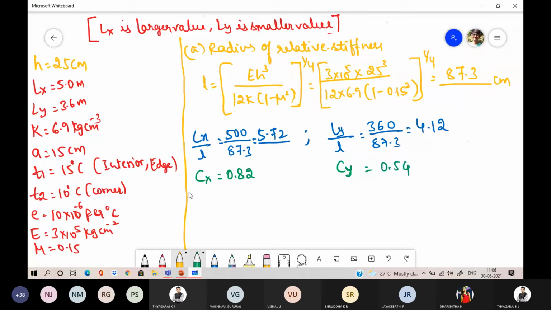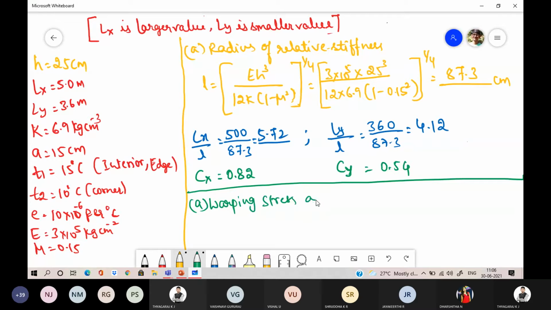Now the problem starts here. First one, warping stress at interior. The formula is sigma_TI equal to E e t by 2, into (Cx plus mu into Cy) divided by (1 minus mu squared). Refer to the formula.